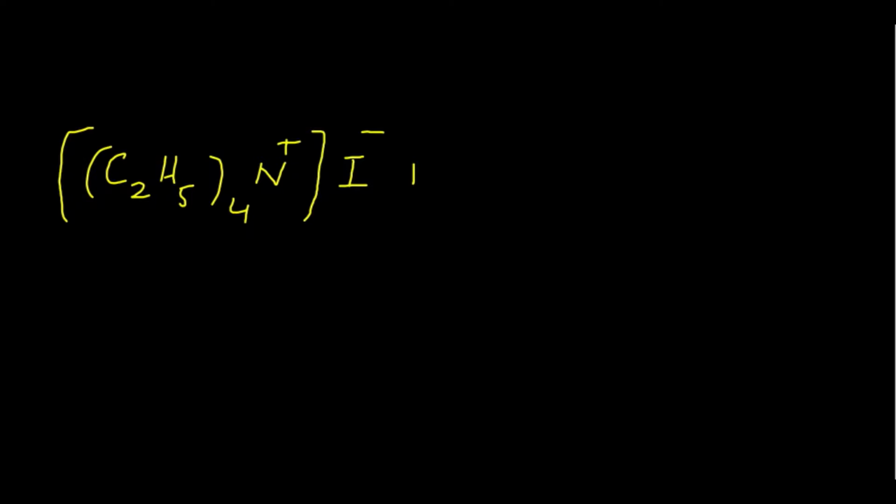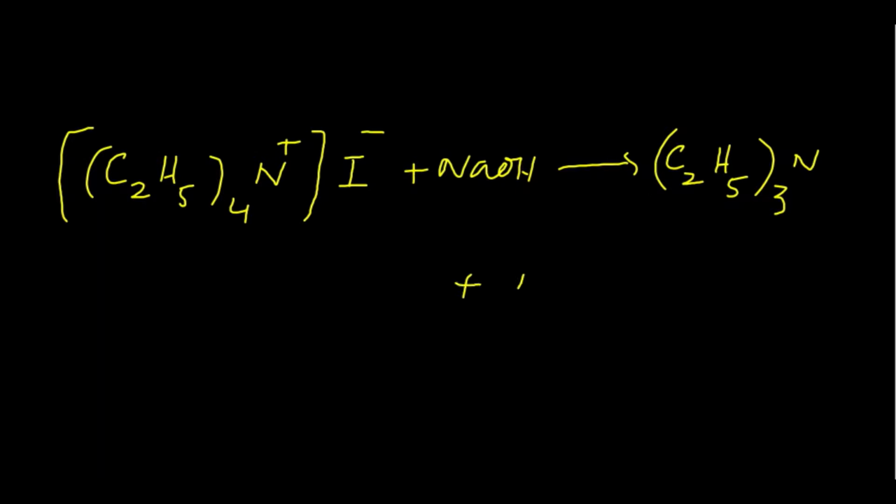When it is treated with the base like sodium hydroxide, then we can regenerate amines. For example, we get (C2H5)3N, that is triethylamine, as well as here we get sodium iodide plus ethanol.